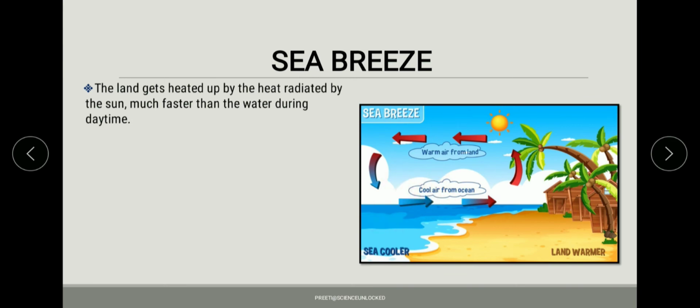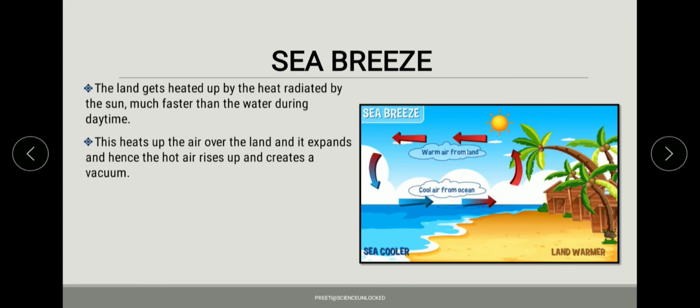Ultimately the air near the land will also become heated up very easily because of the land. It will rise higher, and it will move towards the sea region.